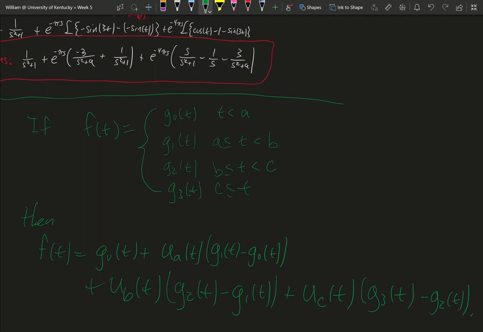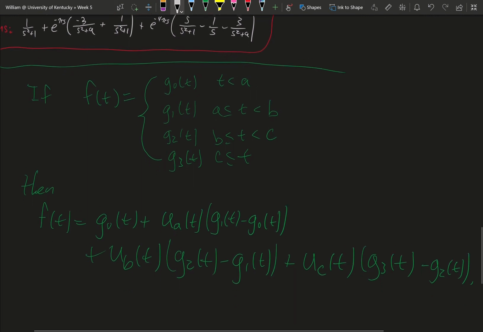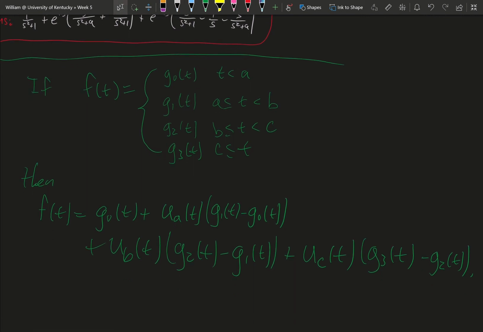And of course, there's nothing special about there being 4 different things here. This pattern would continue onward. And just to see what happens, it should be clear that if t is less than a, the formula should hold, because those are all going to be 0, so we're just going to get g of 0.